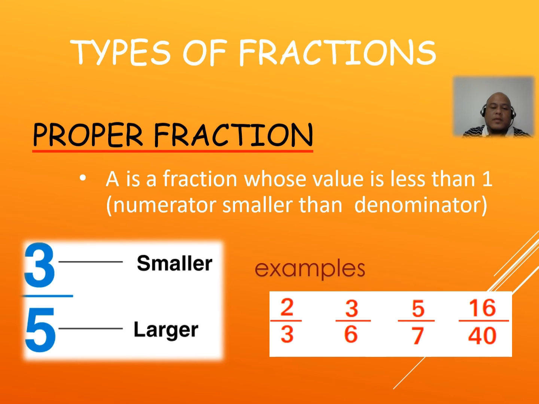What are the types of fractions? There are three types of fractions. One is proper fractions. A proper fraction is a fraction whose value is less than 1. The numerator is smaller than denominator.